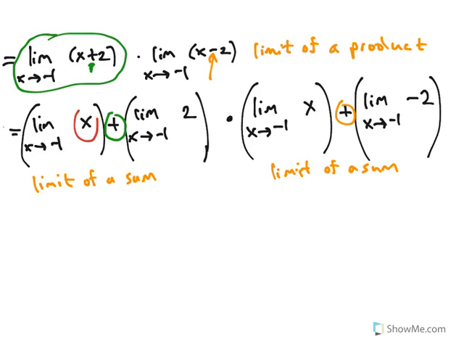And what you can see here is that you have the identity function. So you can write this as the limit of the identity function as x approaches -1 is -1. And the property for that would be limit of the identity function.